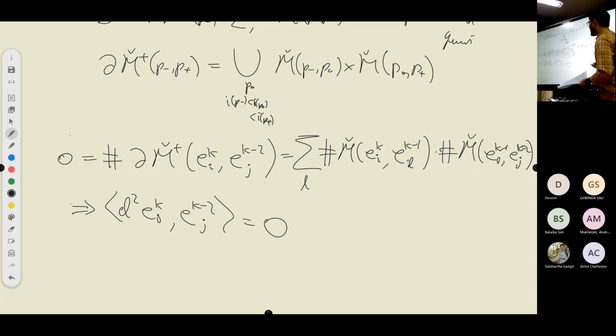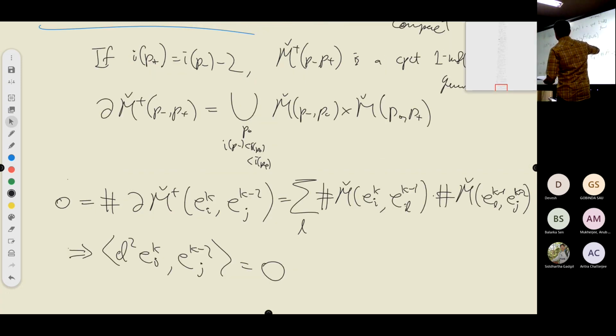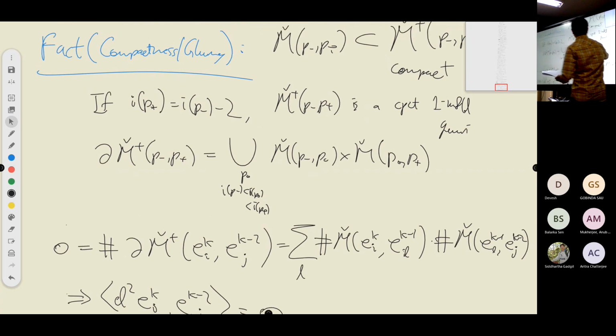This is great because now we have an intrinsic proof of d squared equals 0 within this formalism. And since all the earlier part of the formalism is supposed to go over to infinite dimensions, this now puts the proof of d squared equals 0 on this property of compactness and gluing.